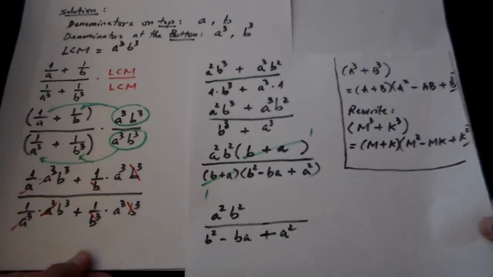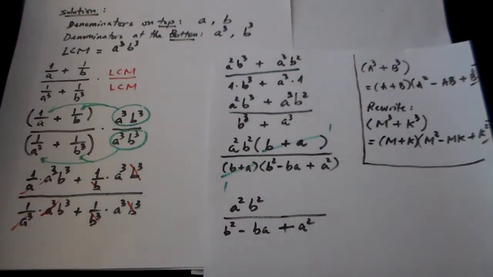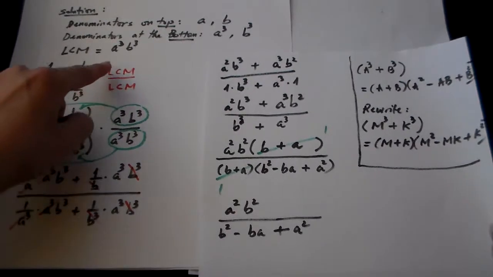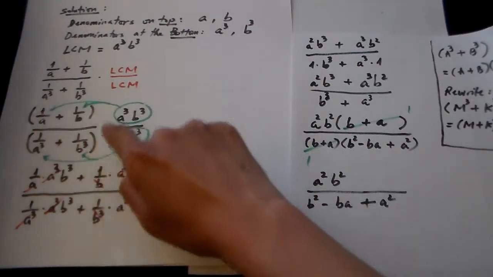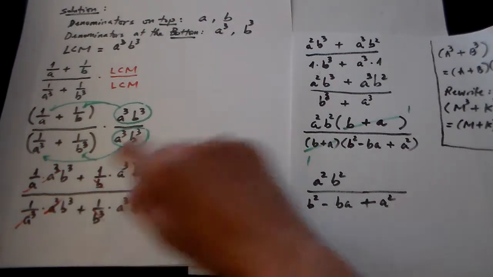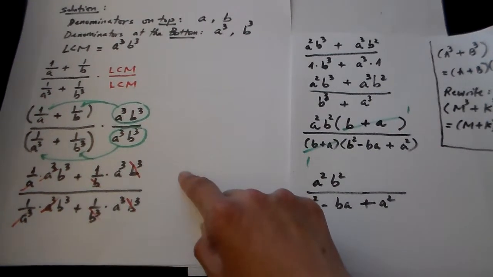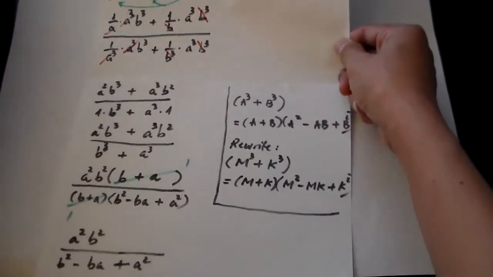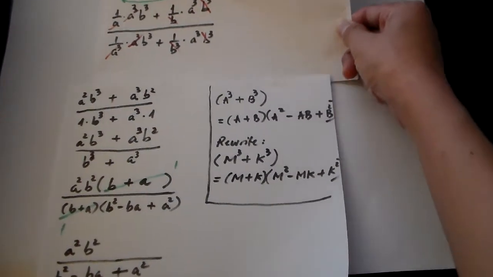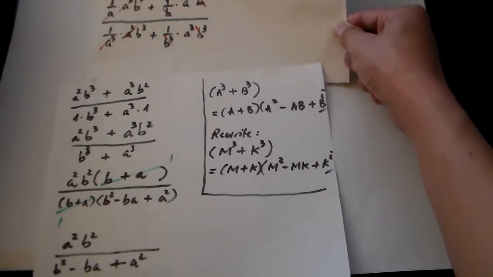So to show you this completely, this is how we simplify this. First, we multiply the LCM on top and bottom. Then we distribute the LCM on the top and the bottom. We get this part. Then we simplify, and we get this over here. Then simplify as much as possible.